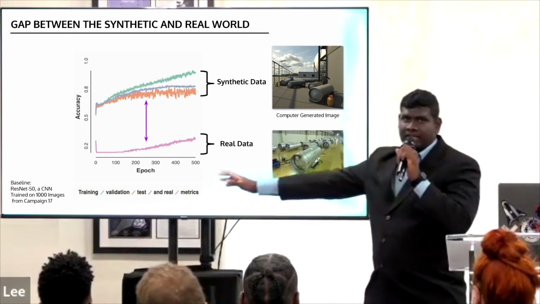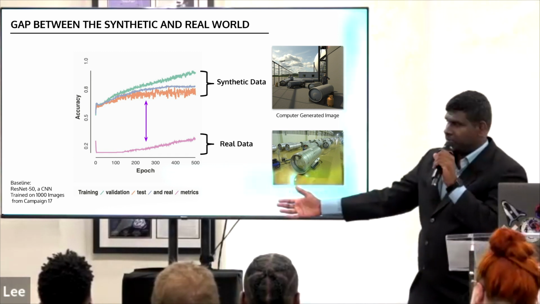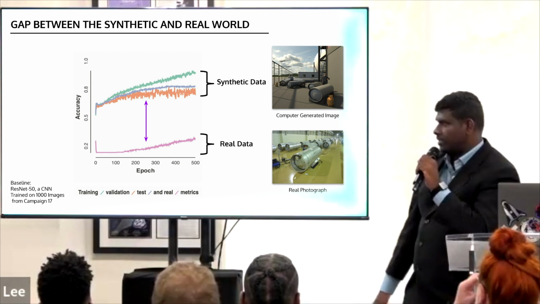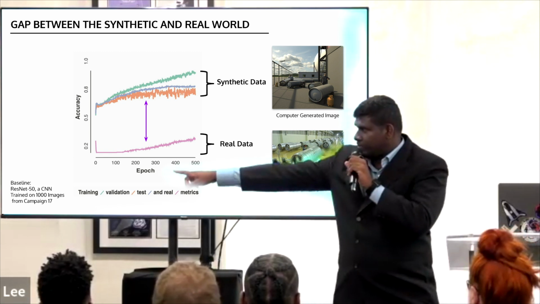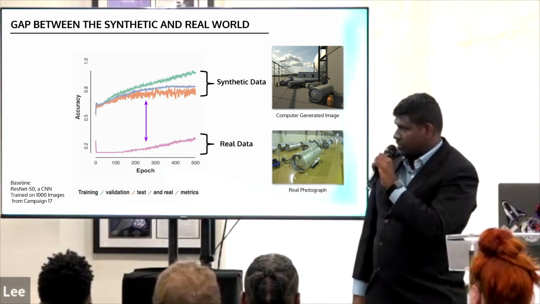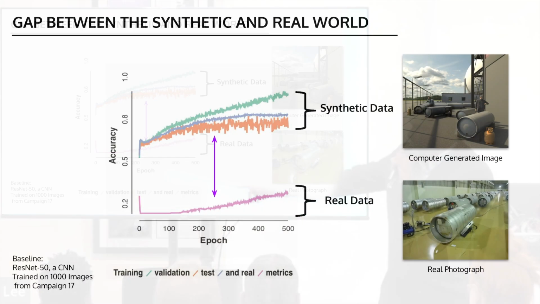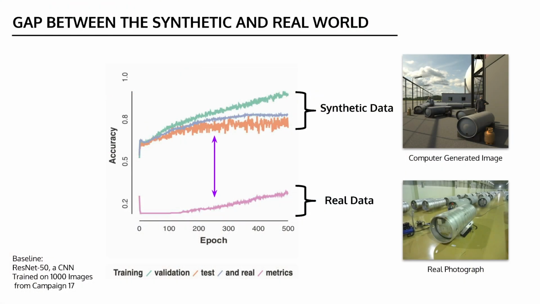So this is a baseline classification experiment conducted by Sandia National Labs before we took over this project. They trained ResNet 50, which is a convolutional neural network, on 1,000 synthetic images, 1,000 images like this, obtained from campaign 17, one of the campaigns shown in the previous slide. So they trained using 1,000 images, they validated using synthetic images, and then they tested using synthetic images.